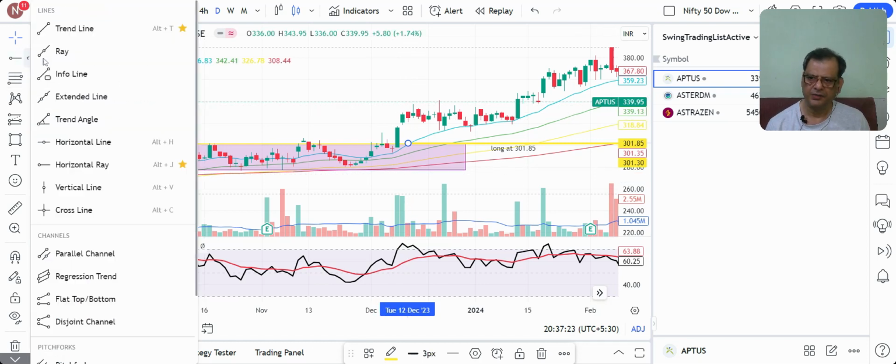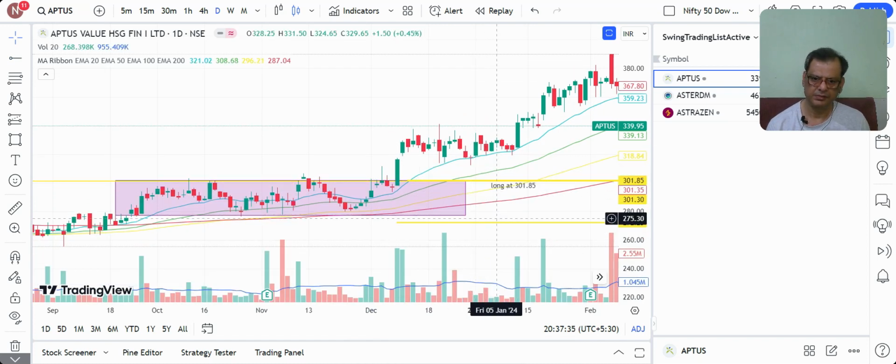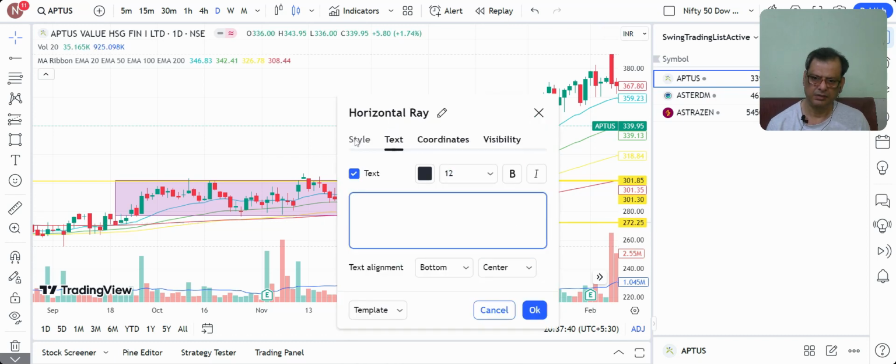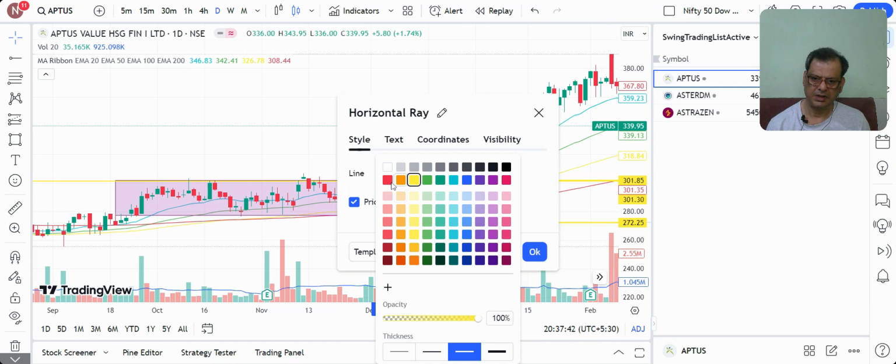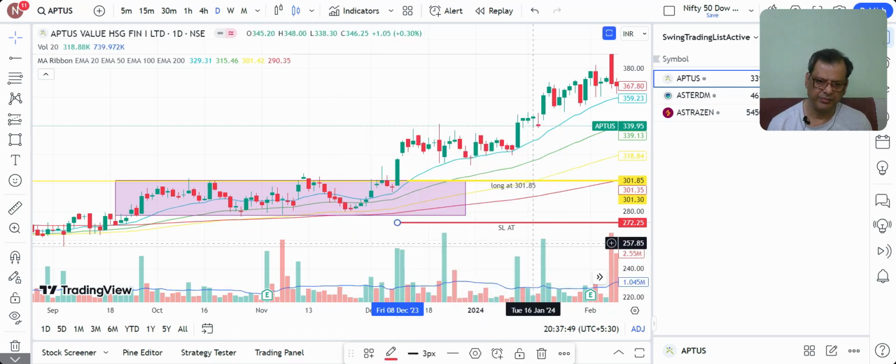Assuming we place the stop loss somewhere here, we'll color this line red, signifying that it's a SL, and we can write SL at whatever rate you want. Okay, so this is our SL, this is our long order, and what is your take profit?